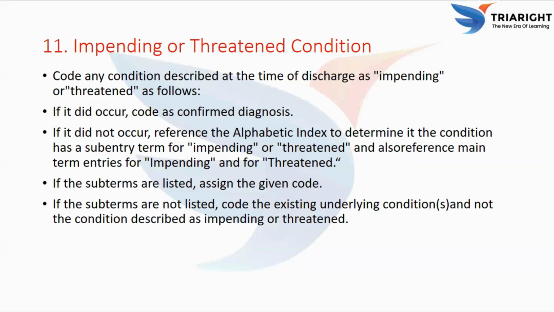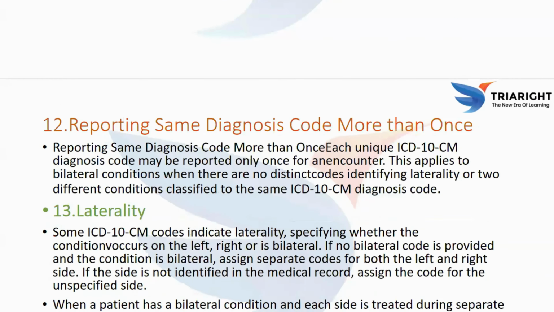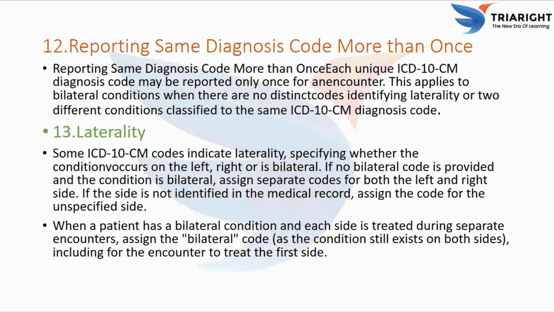So this is about the impending or threatened condition. And next, coming to reporting the same diagnosis code more than once. Each unique ICD-10-CM diagnosis code can be reported only once per patient visit. This rule applies even if the same condition affects both sides, like both eyes or both arms, unless there are different codes that specify each side.